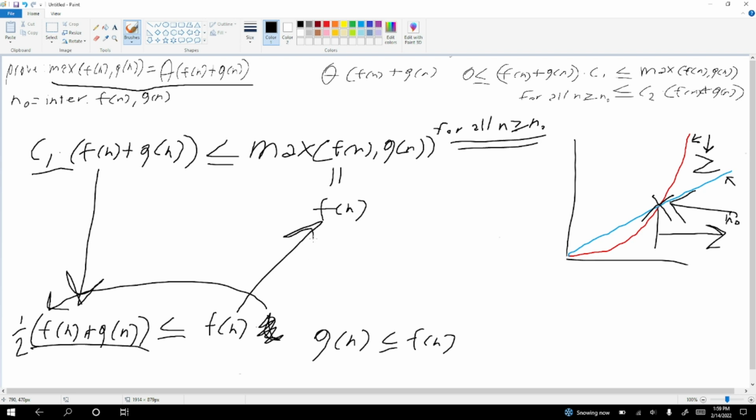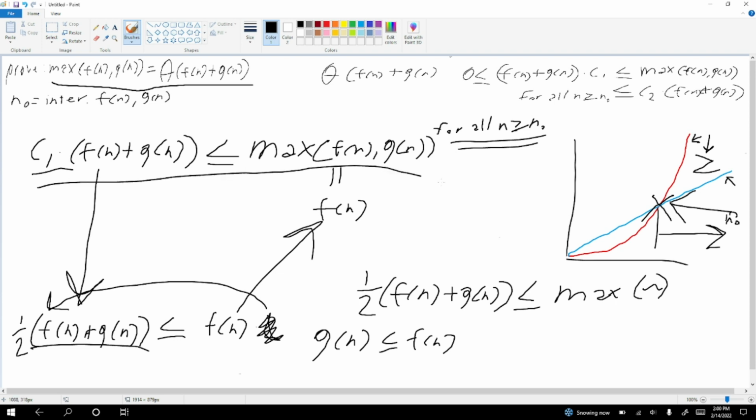And we know that f of n is equal to max, which means 1/2 of f of n plus g of n is less than or equal to the max. And that's exactly what we were looking for, where C1 in this case equals 1/2.